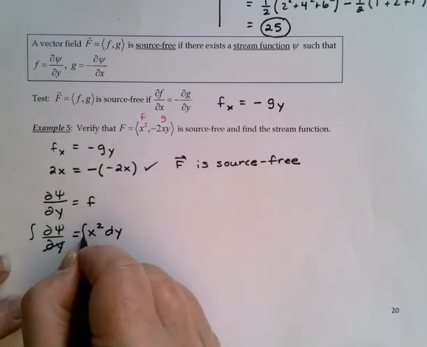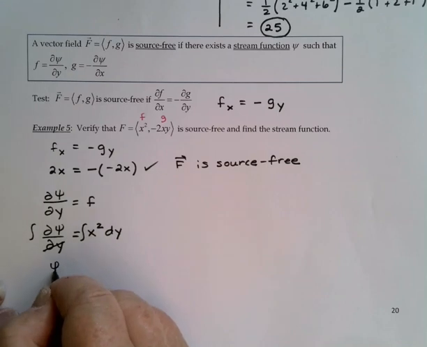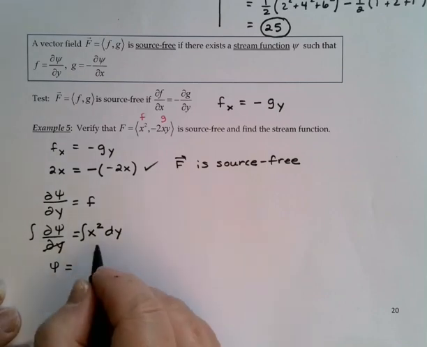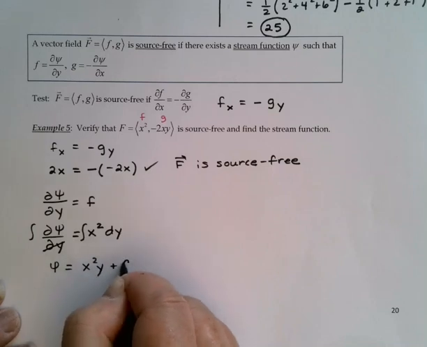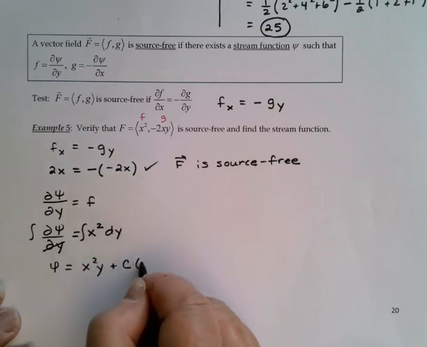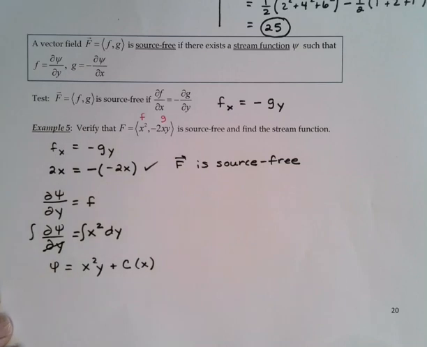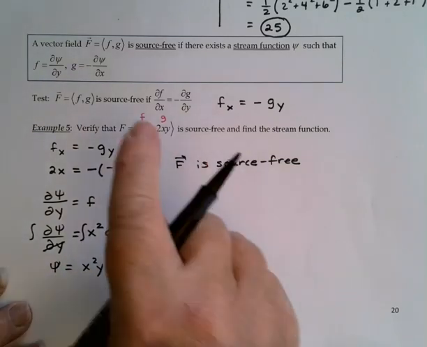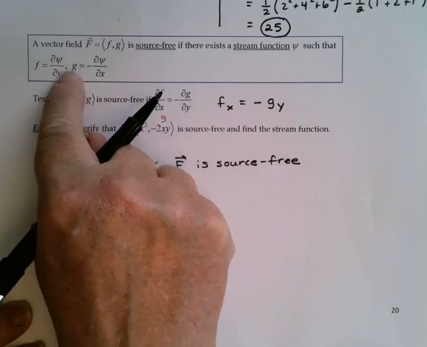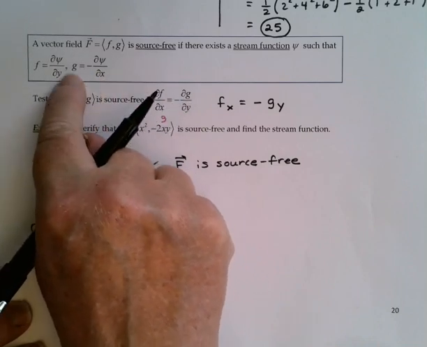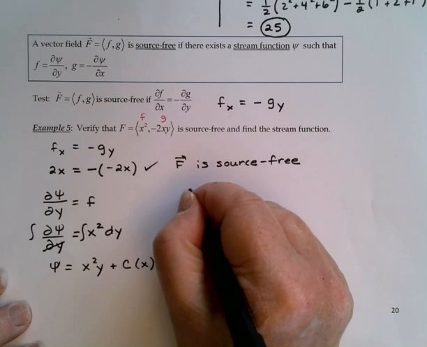And same process we're used to now. Phi is going to be x squared times y, plus a constant that could depend on x. We also know that, and I'm just going to bring the negative to the other side, dphi/dx would be minus g.